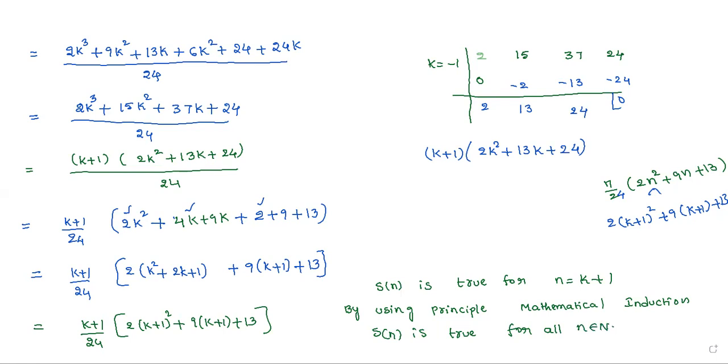Next problem. 1 square plus (1 square plus 2 square) plus (1 square plus 2 square plus 3 square) and so on up to n terms is equal to n into (n plus 1) whole square into (n plus 2) by 12.